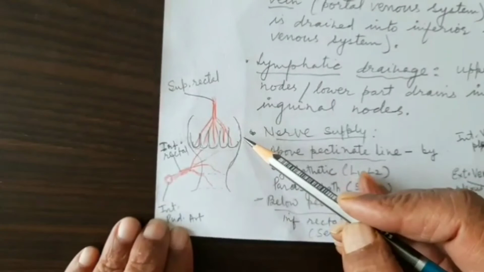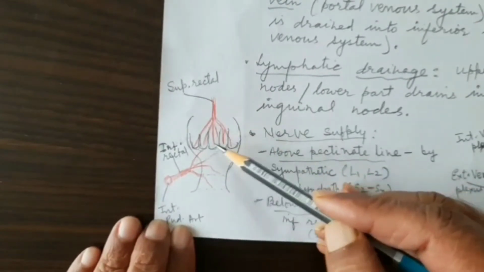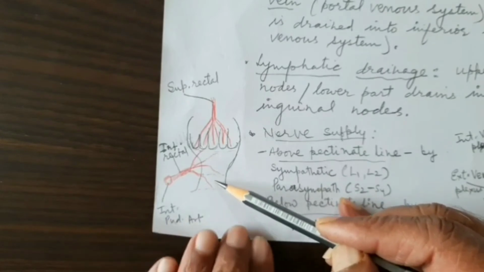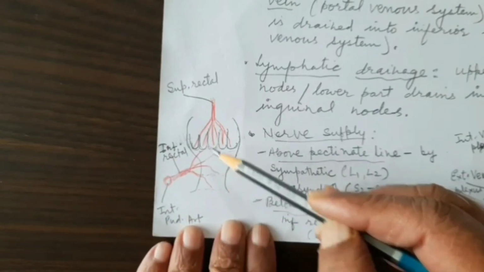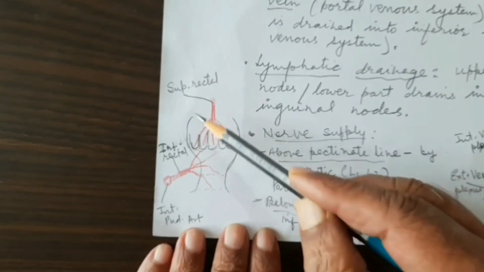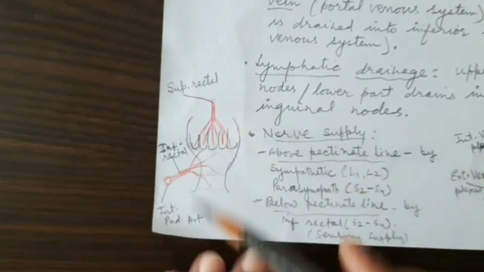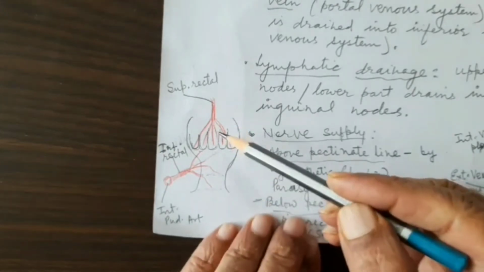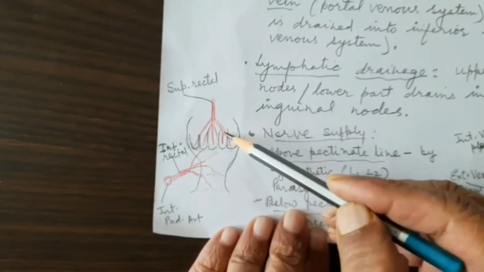See, this is a rough diagram which shows the anal canal, the pectinate line, the white line of Hilton, and this is the orifice, the lowermost part. Up to the pectinate line, it is supplied by the superior rectal artery, which is the continuation of the inferior mesenteric artery.